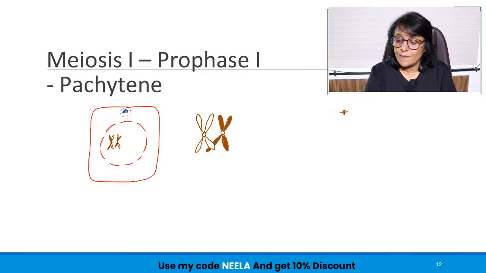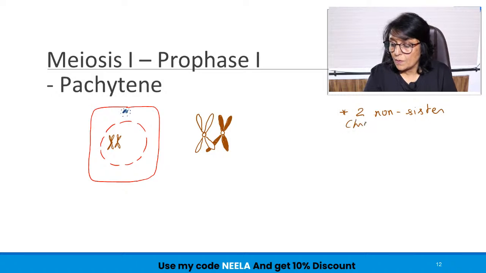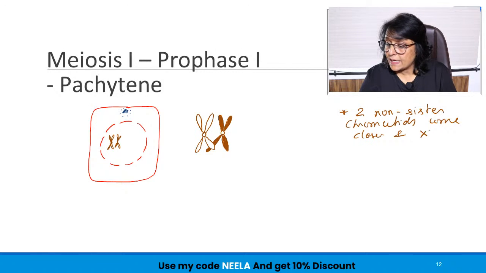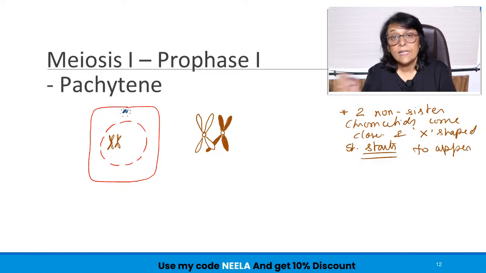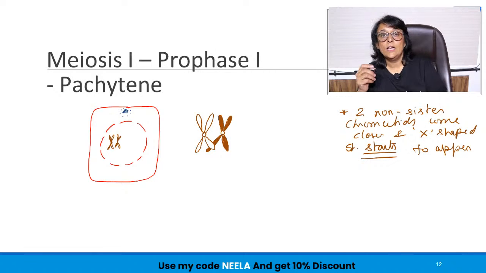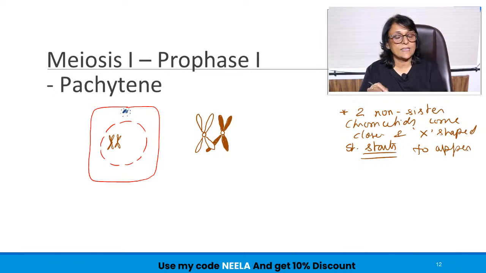So here what we write is the two non-sister chromatids come closer and X-shaped structure starts to appear. This structure is called chiasma or chiasmata. So what we say is in this stage that chiasma formation starts.